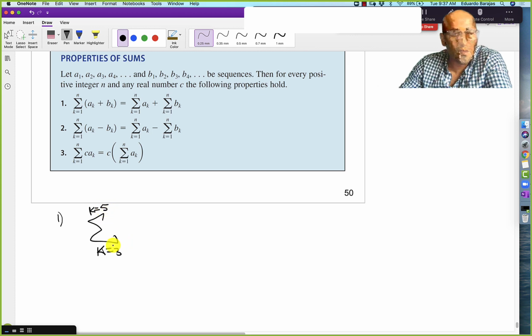It's just 3, 4, 5, just a few values. And I have some formula in k, like k squared plus, I don't know, square root of k. Say I have that. So this can be broken down by number 1.